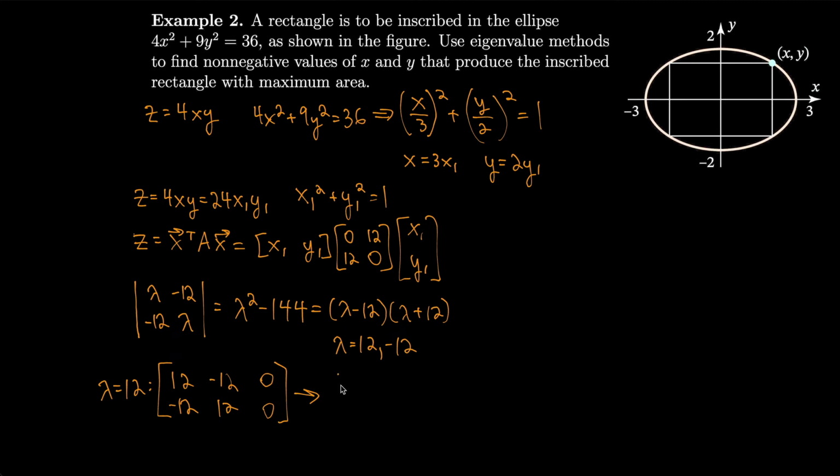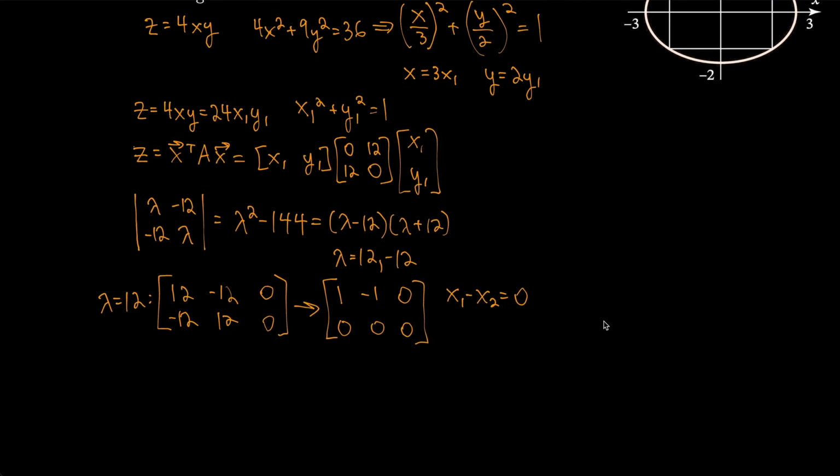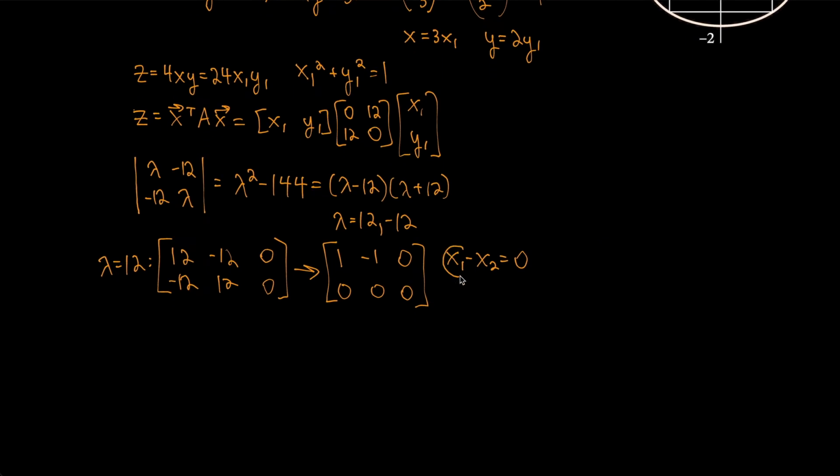The first one divided by 12, we get 1, minus 1, 0, which gives us a top equation of x1 minus x2 equals 0. Maybe I shouldn't have used x2 over here, or x1 over here, because I used it over here, and these are different, but I'm trying to be a little consistent with the notation I used before. Maybe you can imagine this is a different letter.